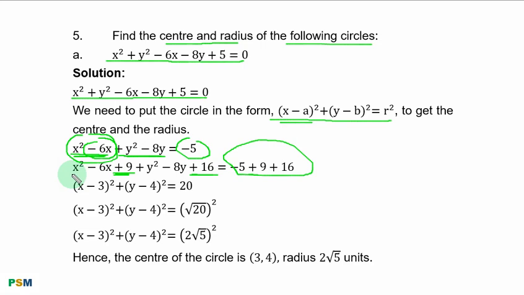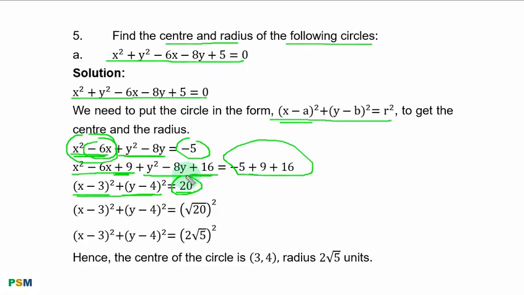Now, if you factorize this quadratic expression, you have this result, equal to 20. From here, we can obtain the center. In order to get r, 20 must be written such that the power will be 2.